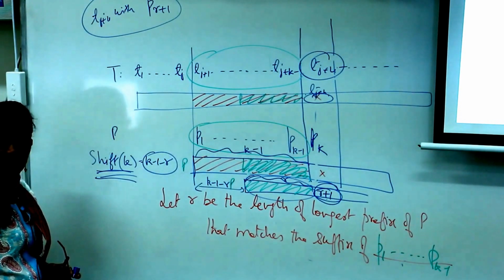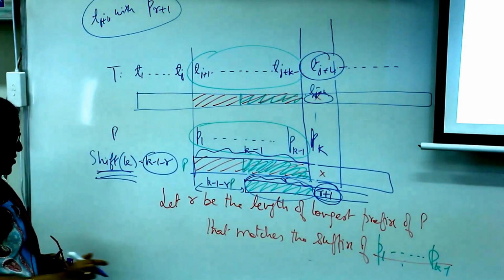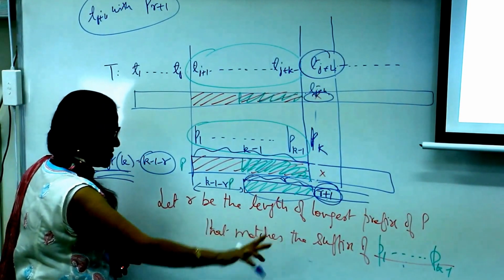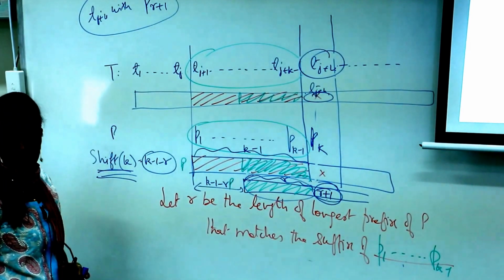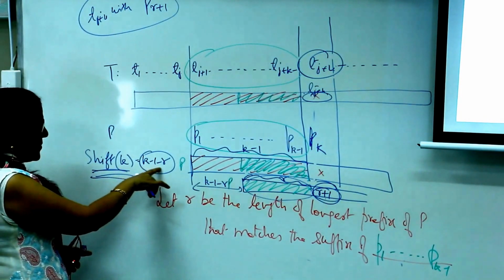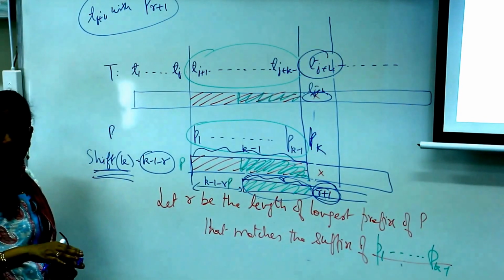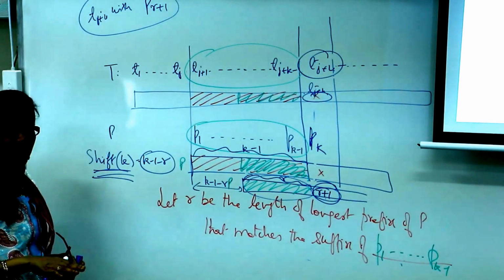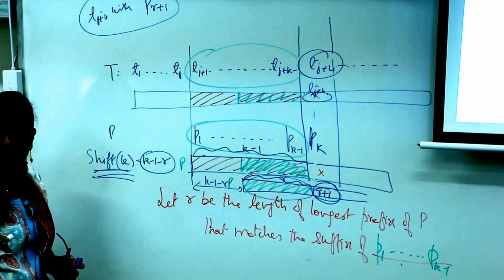So I repeat, let r be the length of the longest prefix of p that matches the suffix of p1 to pk minus 1. Then my shift k is k minus 1 minus r, which I will store in some data structure, some array.